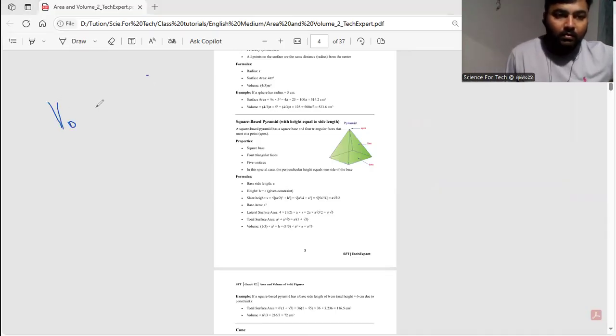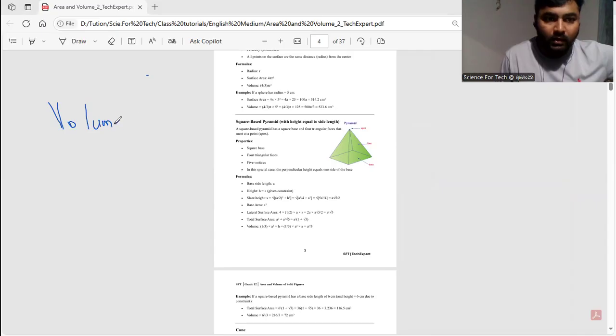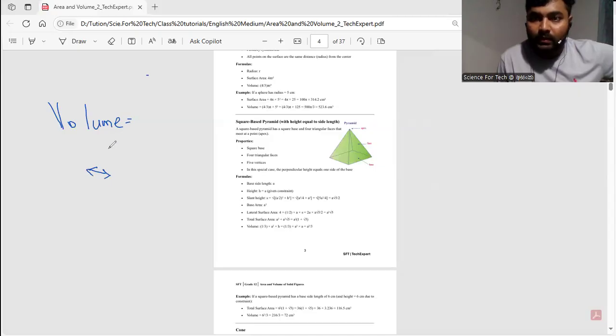Volume. But the thing is that this equation is only valid for the pyramid where the perpendicular height and side lengths are equal.